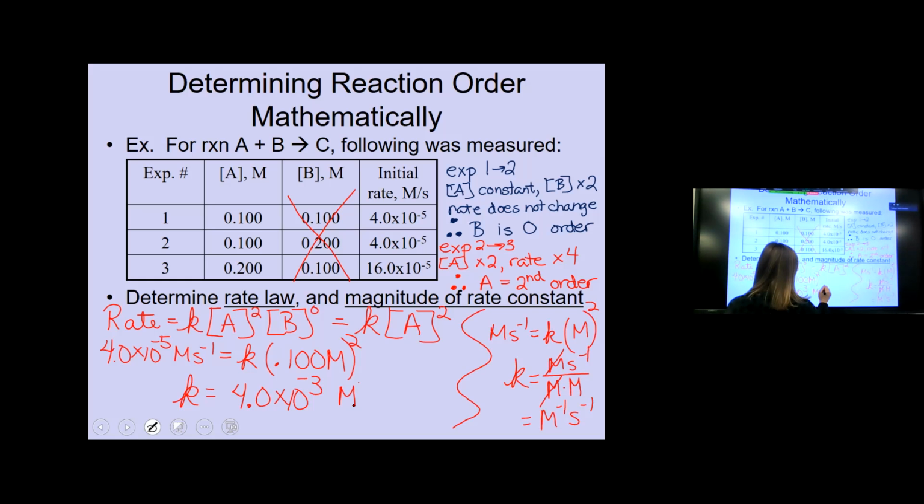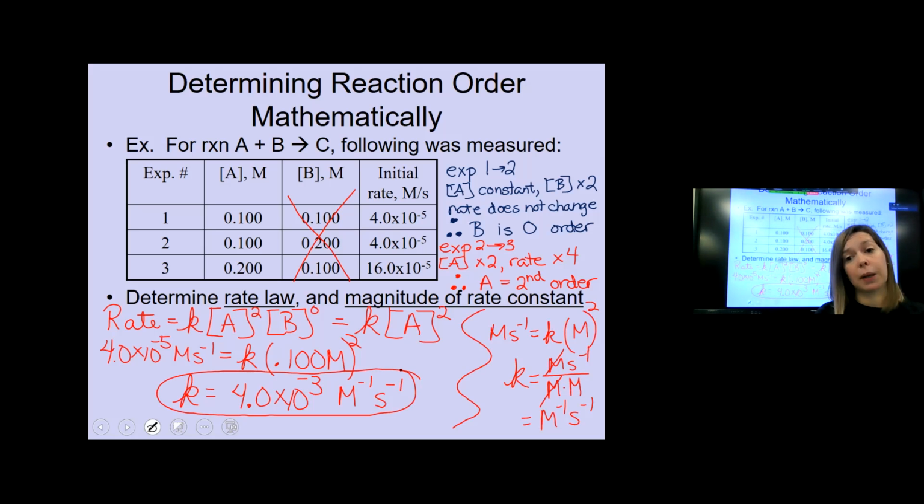Then I would write that in here, and that would give me my final answer. This would typically be at least a 3-point question: 1 for the rate law, 1 for the value of k, 1 for the units of k. It could be more than that if you were required to explain how you got the rate law.